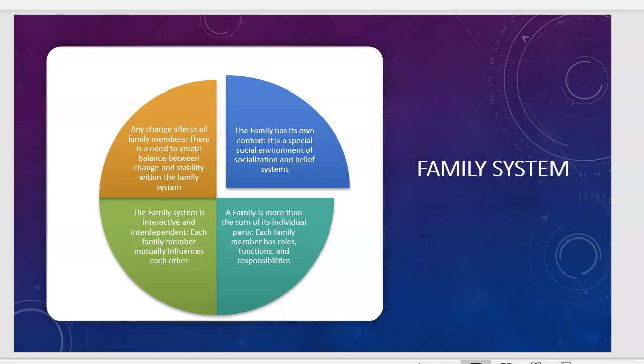This slide presents some of the main concepts of the approach of the family as a system. So, number one, the family has its own context. It is a special social environment where each family member is socialized and each family member internalizes core beliefs about the family and also about who they are.